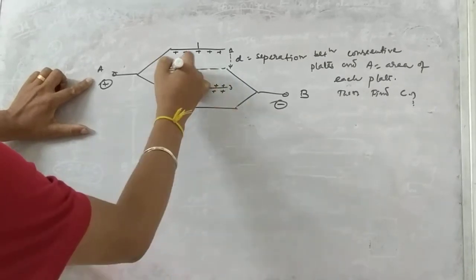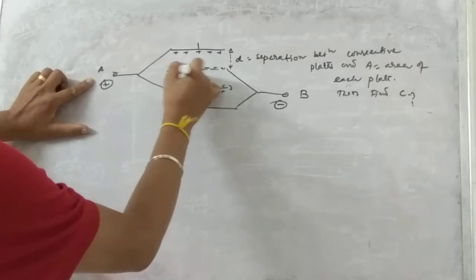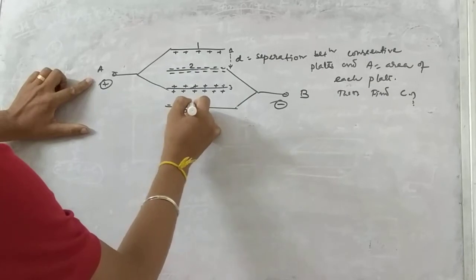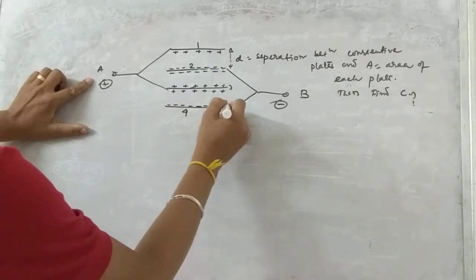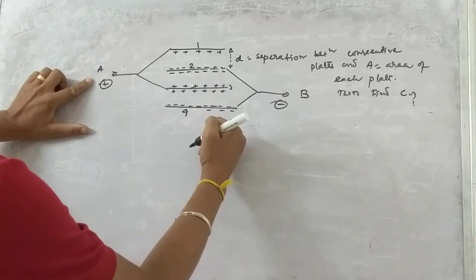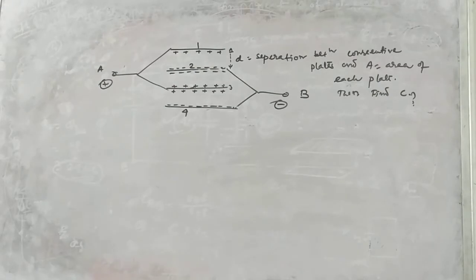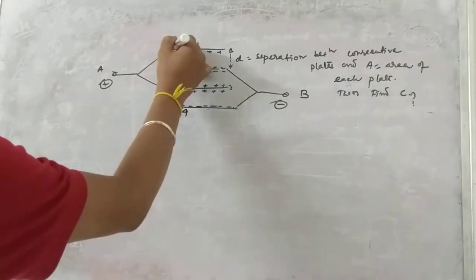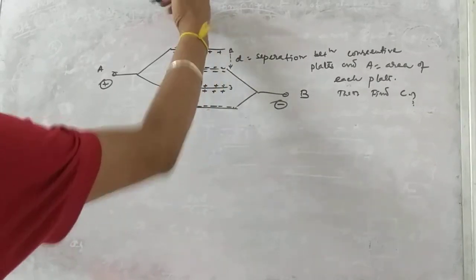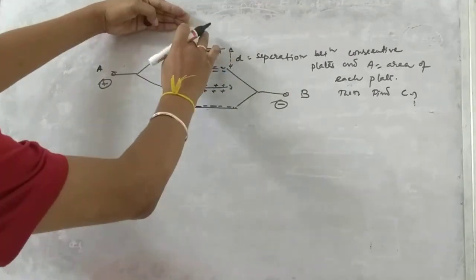That's why plate 2 will get negative charge on both sides, and plate 4 will also get negative charge but on the upper side only, because if you consider this side, there are no further plates, so this charge will have no effect. Similarly, if you consider the charge on this side of plate number 1, there is no further plate above it, so this charge will have no effect.